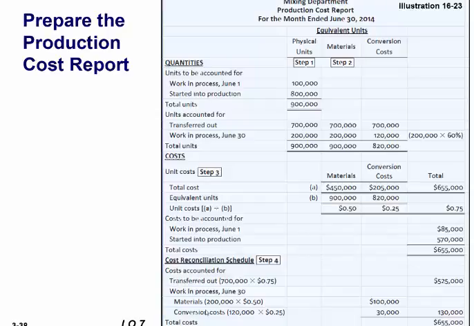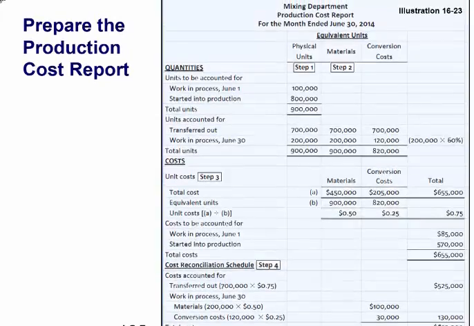All right, so recall that I said that we would do one of these reports for every department. So here we've got the mixing department, their production cost report for the month ended June the 30th, 2014. And we have got the units to be accounted for.